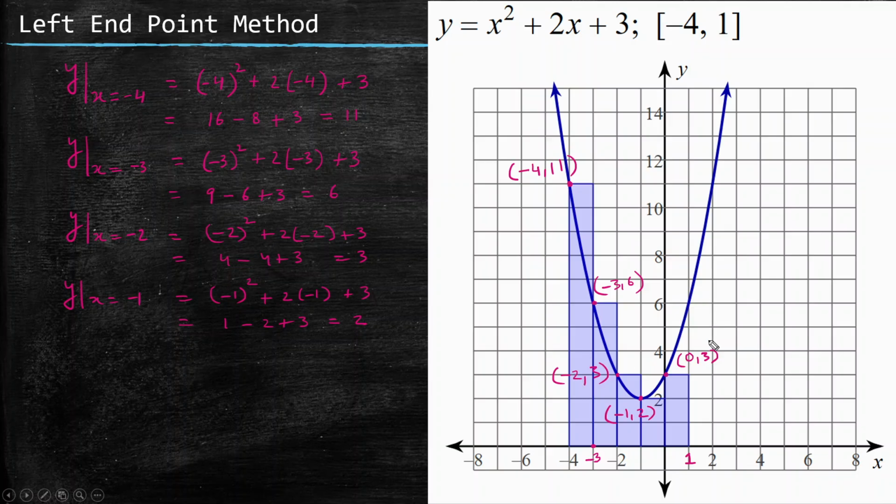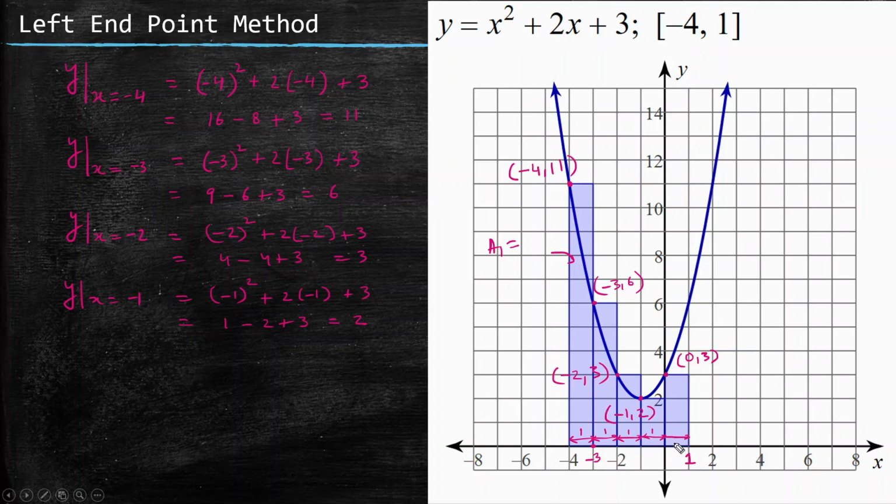Now, as you can see, we will only get 5 rectangles and the left hand points will be onto the graph. So the area of the first rectangle, let's say this is A1, will be equal to, so the width of these rectangles are the same, that is 1, because we need to keep it a little bit simple.